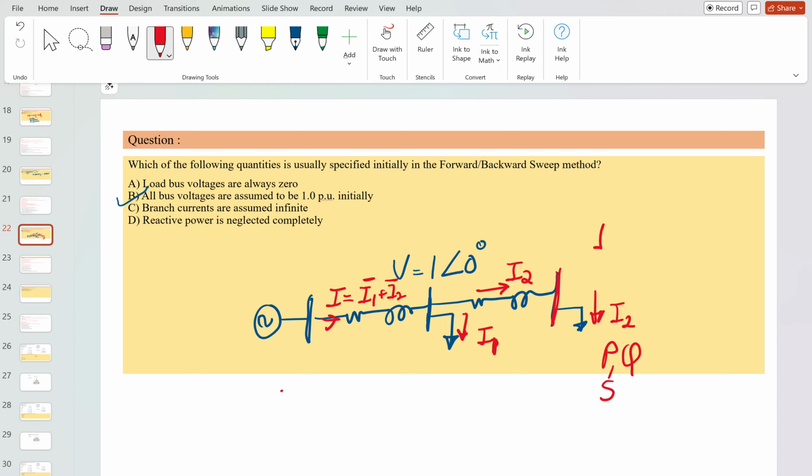So current I2 will be equal to S by the conjugate of the voltage which is there initially. By this you find I2, and similarly I1 is S by the conjugate of V here. Then you add both and get the current flowing here.